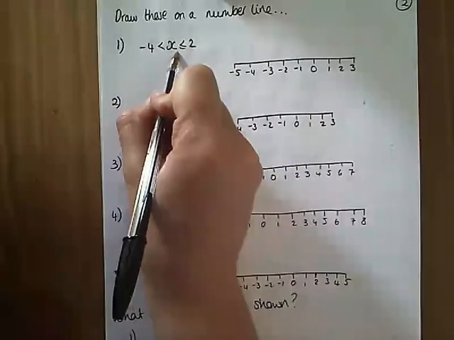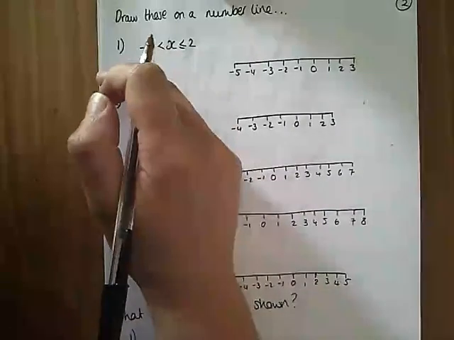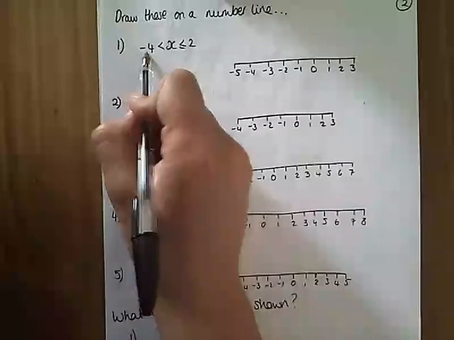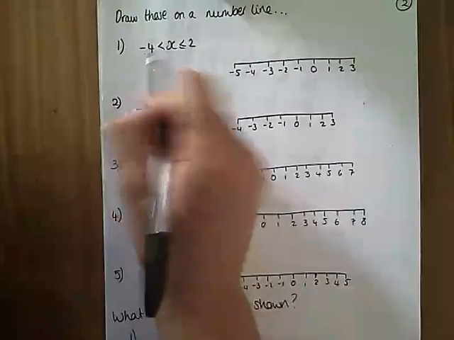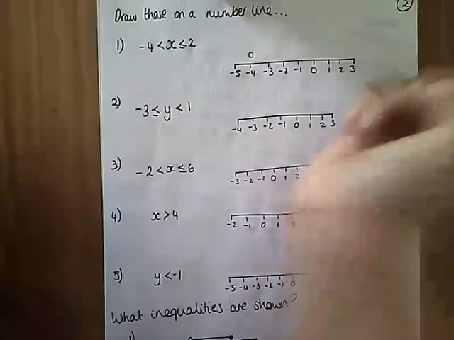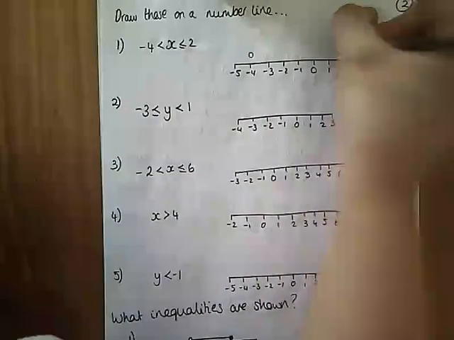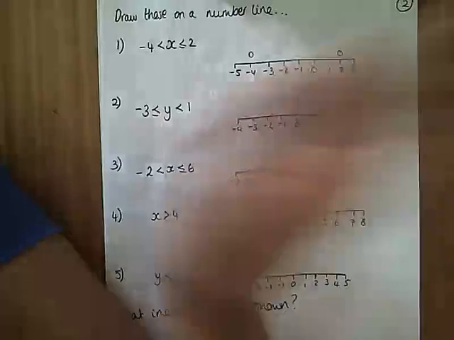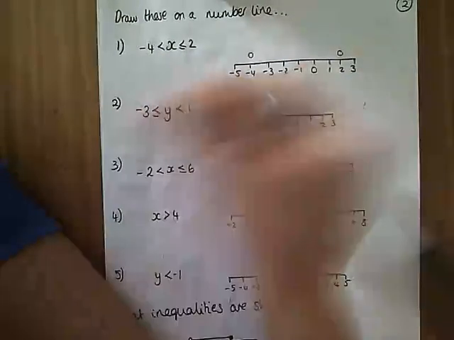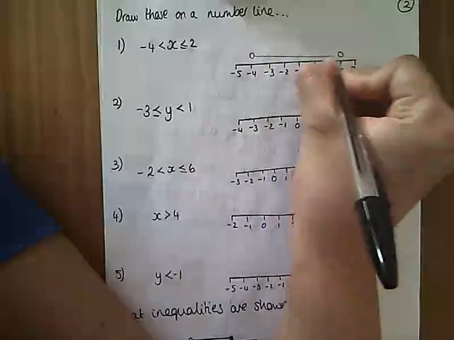Now, you don't need to write that down. I'm just showing you so that you're always thinking, what does this mean here? So what we're going to do is put the ends of our inequalities on our number line. You're going to draw a circle above -4 and a circle above 2. What this says is that X can be any number in between -4 and 2. So we can join that up and say that X is going to be on any of those.